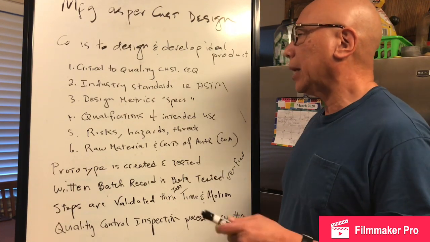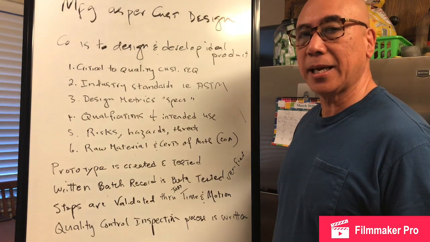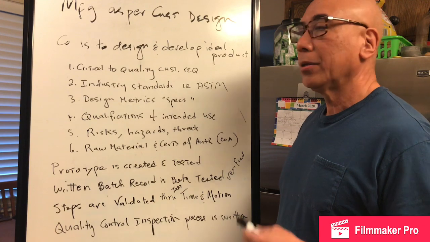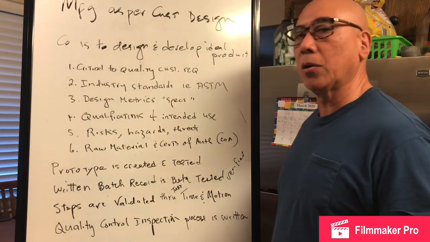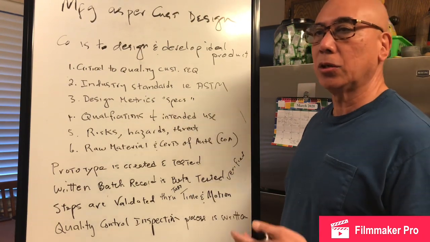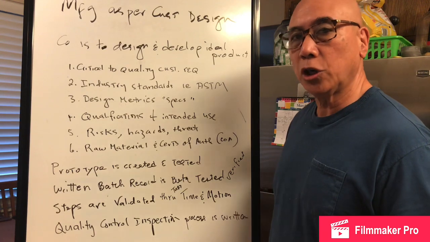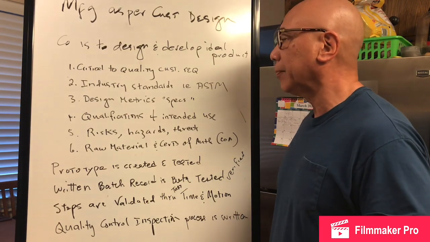Number two, it has to follow industry standards such as ASTM, ANSI, things of that, so that when you do make your product, by following these standards, at least you are certain that a plastic is a plastic, a steel is a steel, and a wood is a wood. Okay.